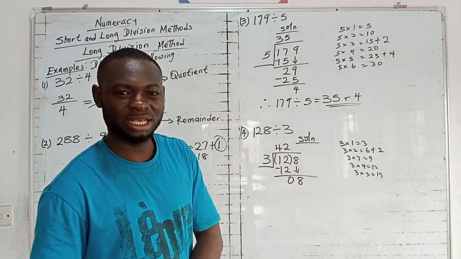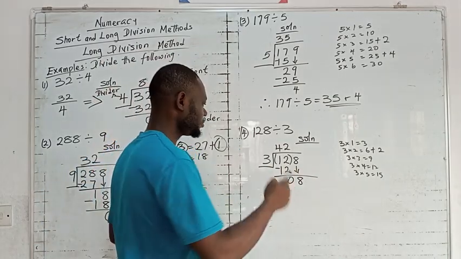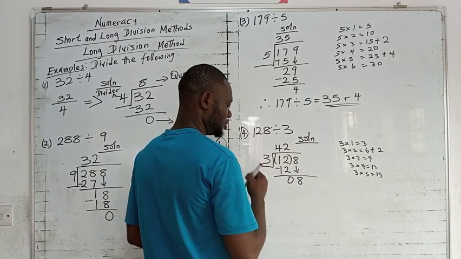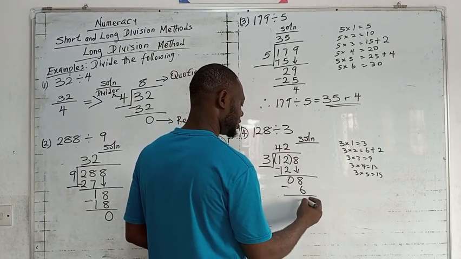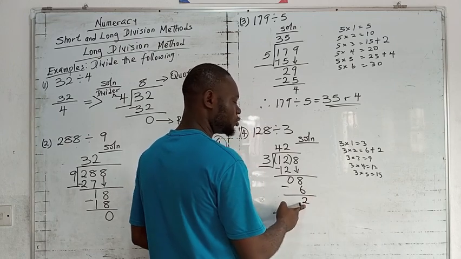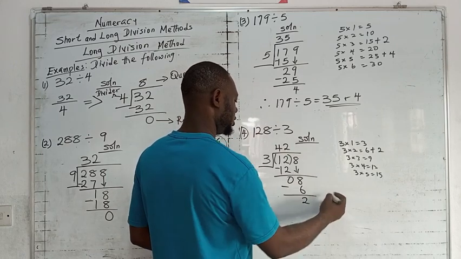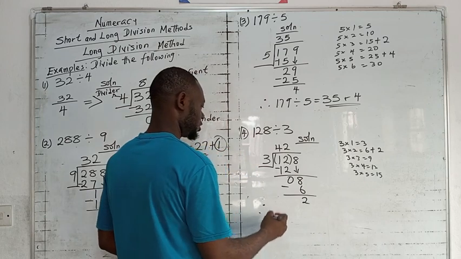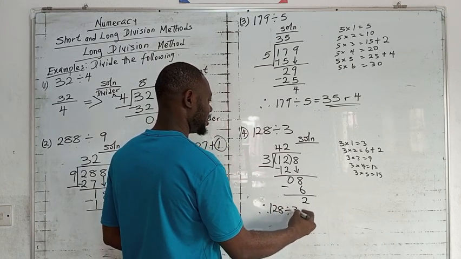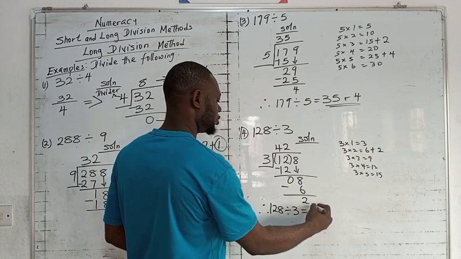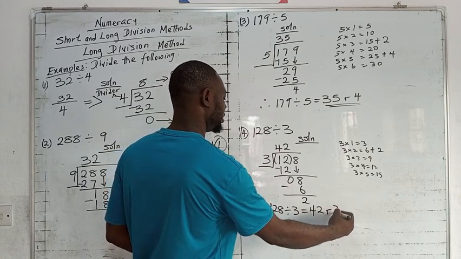Throw the remainder into the trash can. 2 times 3, 6. 8 minus 6, 2. 3 divide 2, can it go? No. Therefore, I can now say that 128 divided by 3 equals 42 remainder 2.